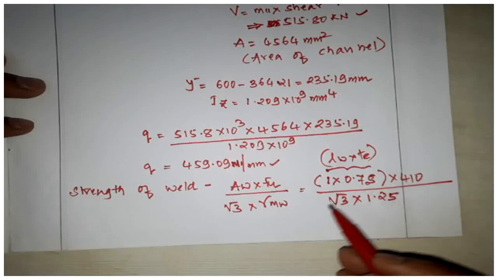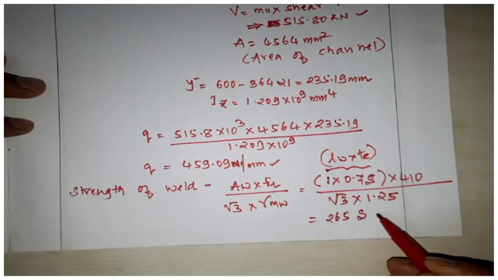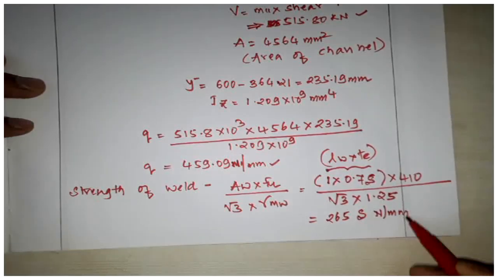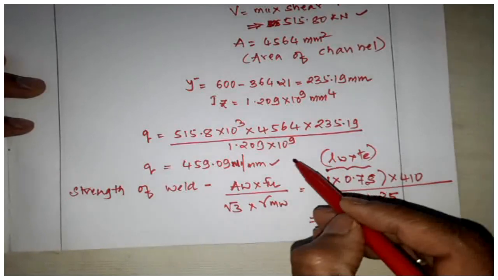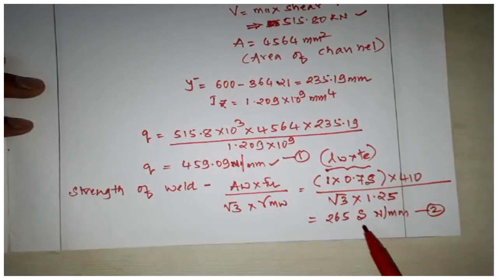Okay, so we will get the strength of weld as 265 Newton per mm. Correct? So this one I can write as 1, this as 2. So this is the strength of weld, 265 Newton per mm.